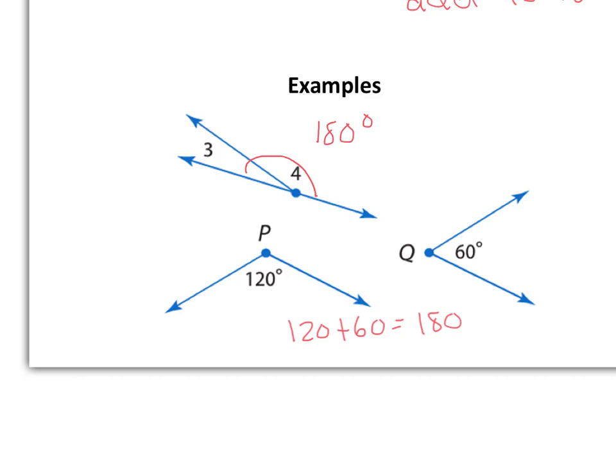Well, if angle 3 and angle 4 add up to 180 degrees, I can conclude that angle 3 and angle 4 are supplementary.